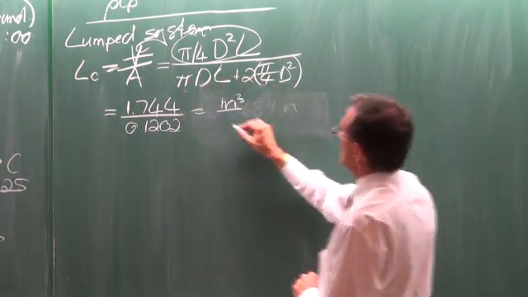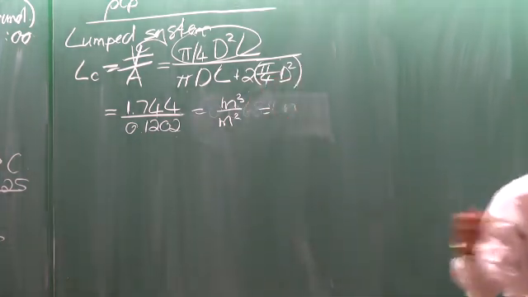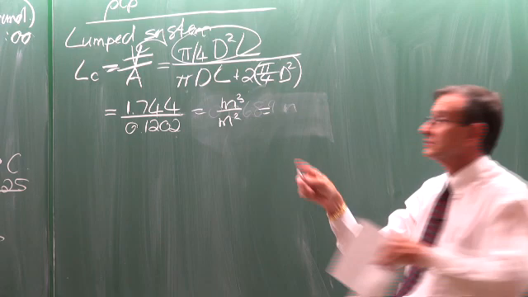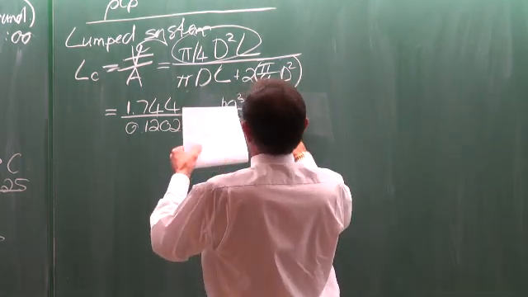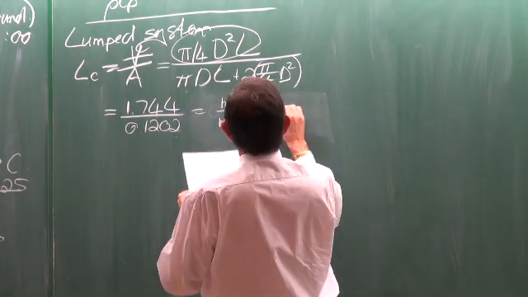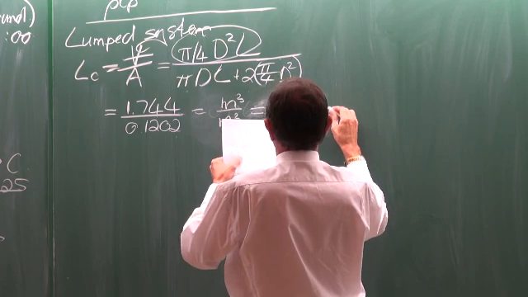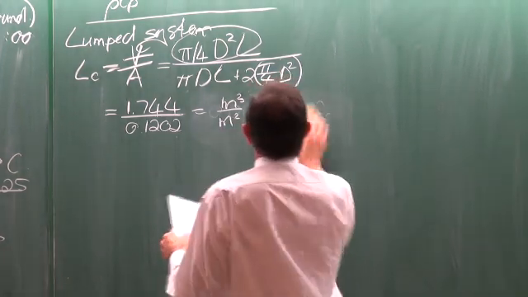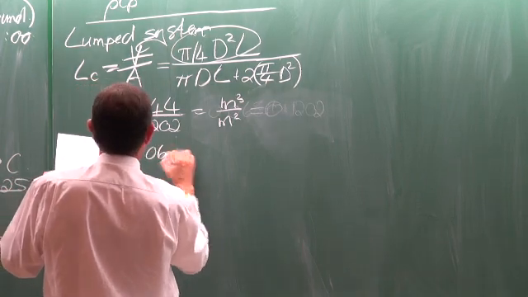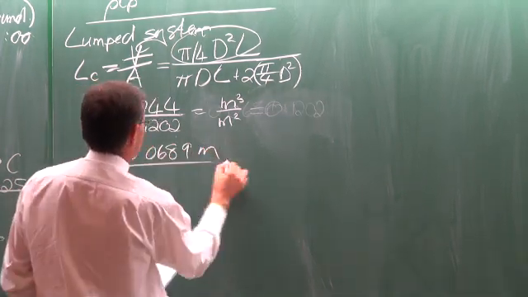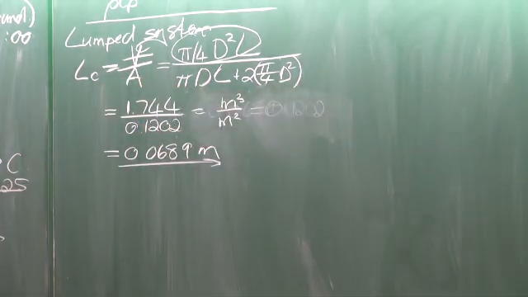And this is the surface area, so it's in square meters. So it would give us the characteristic length in meters, which is then equal to 0.1202, it is equal to 0.0689 meters. The values just don't make sense because the top one is larger than the bottom one.